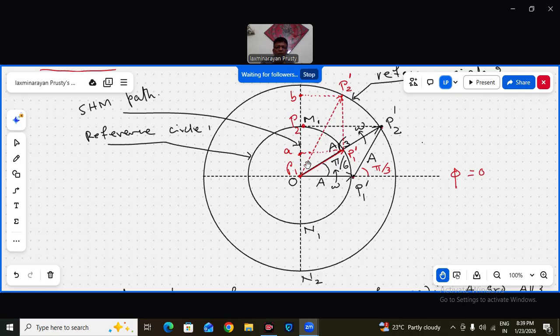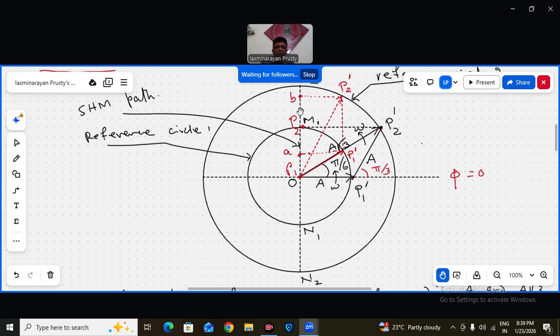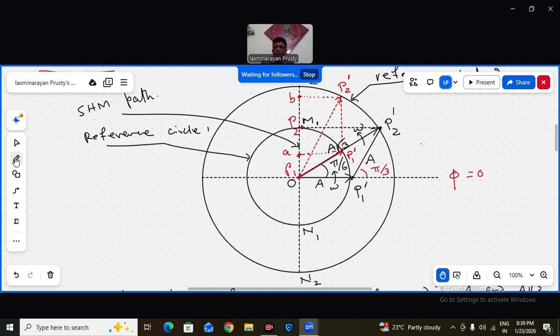Now when this becomes parallel, P1 will come here, small a position, P2 will come to small b position. The distance small a to small b is the distance between the new P1 position and the new P2 position.